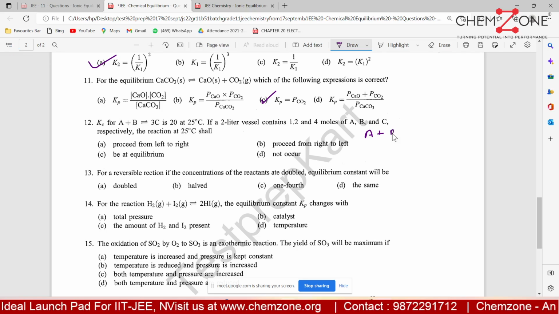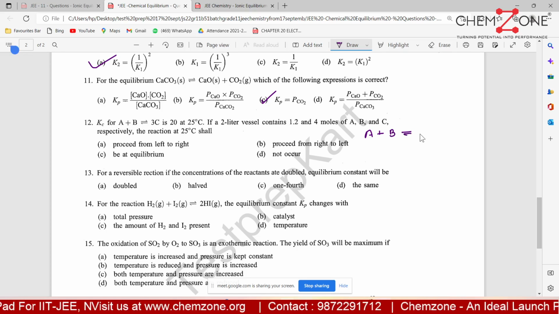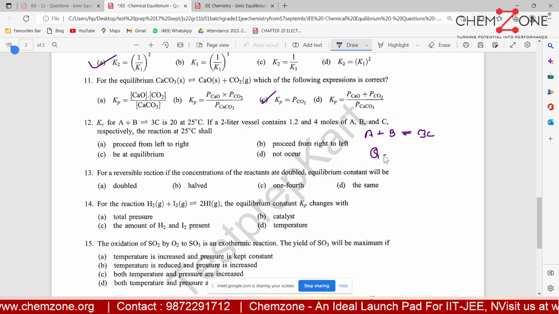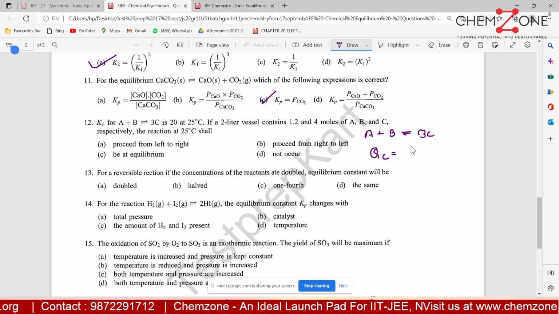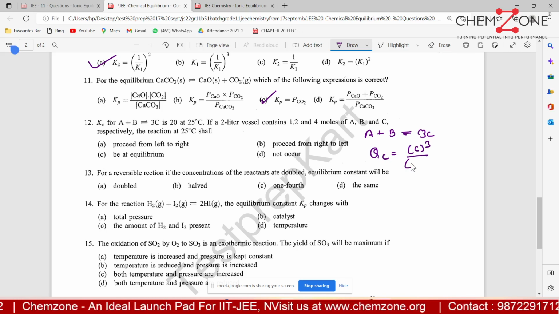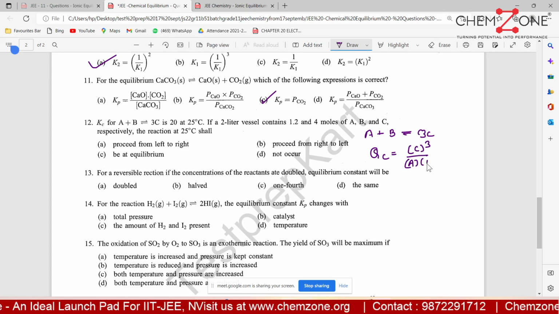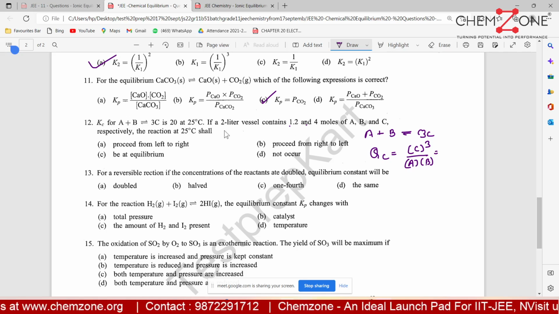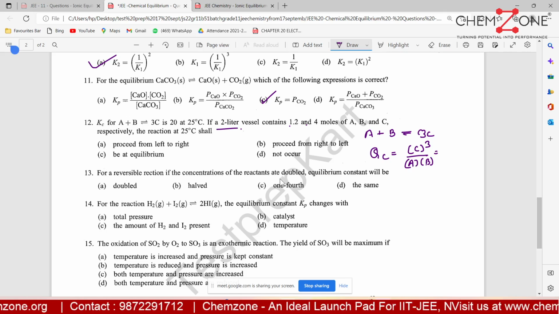A plus B in equilibrium with 3C. Find the QC value, the reaction quotient value: C to the power 3 upon A and B. Number of moles are given here, 1, 2 and 4, in a 2-liter vessel. Okay, let us solve here.